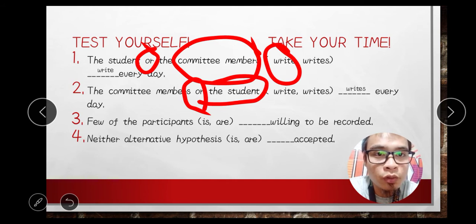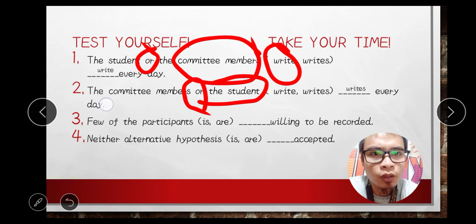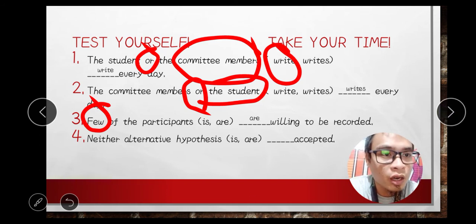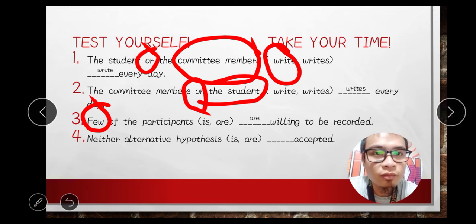Number 3 is few of the participants. I discussed to you last time that few is an indefinite pronoun. The rule is indefinite pronoun, few, plural. So therefore, we use plural verb. So the answer is are. Check. Number 4.